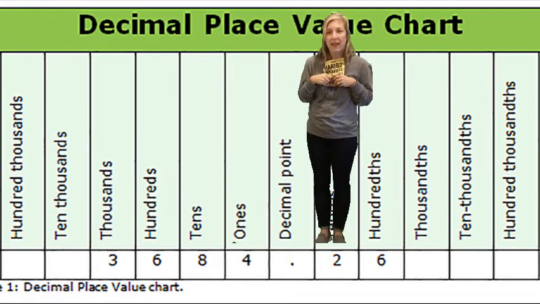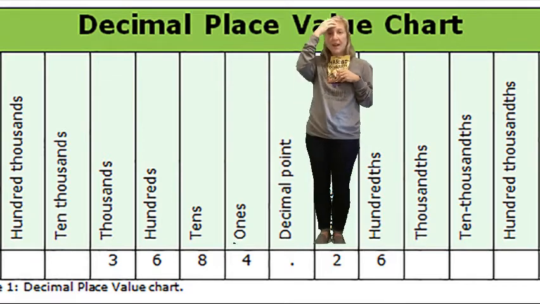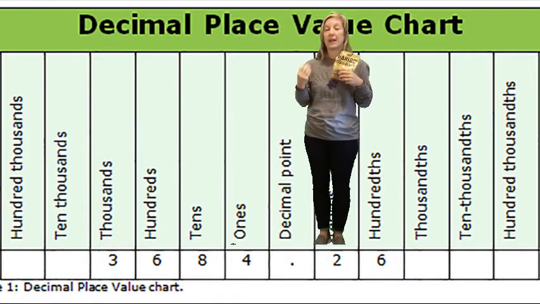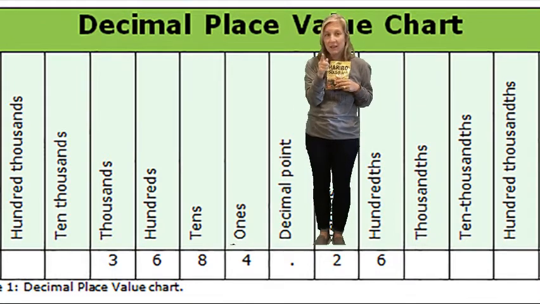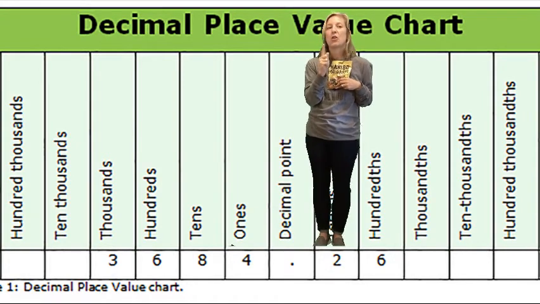of what a decimal number really represents. So look at that number that I do have represented on my chart. That number is read 3,684 and 26 hundredths. So notice that I did not say 3,684.